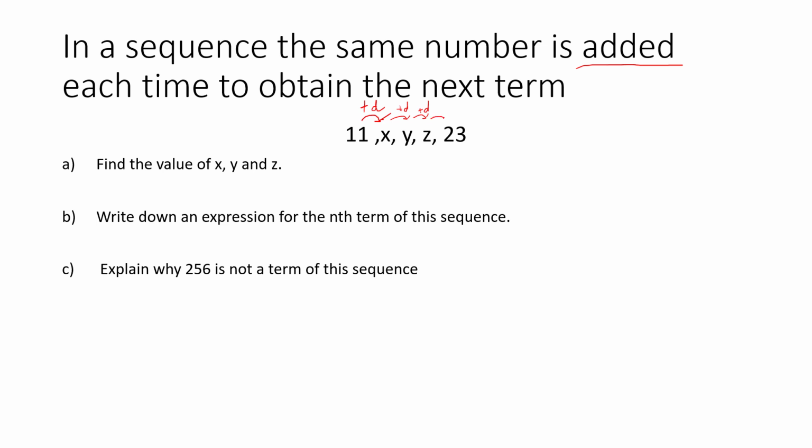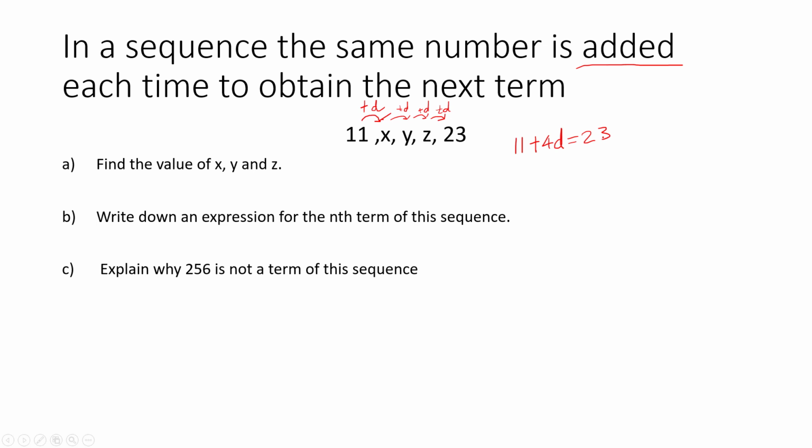And finally, from z to 23, we plus d again. So you can see that from 11 to 23, we actually plus how many d? 1, 2, 3, 4. So 11 plus 4d will give me 23.